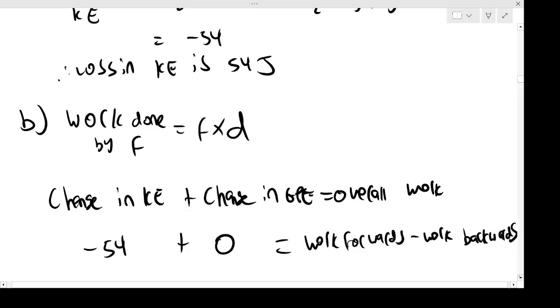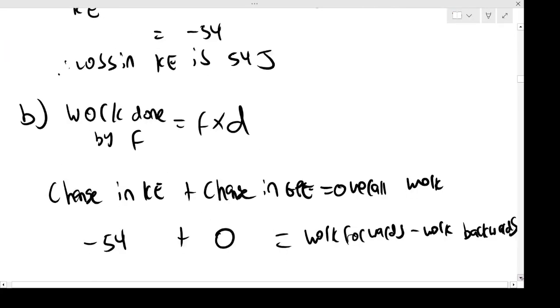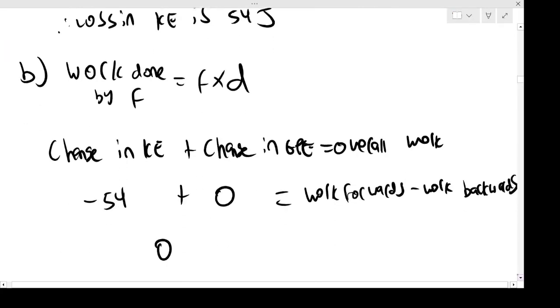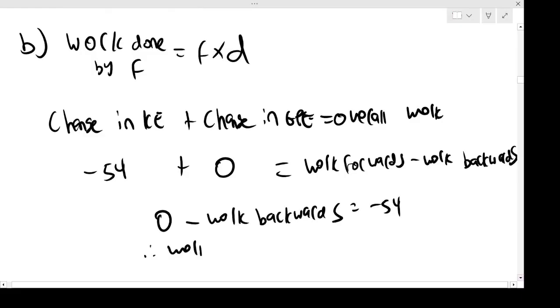Now of course there is no forwards force, so that's going to be 0, and then minus the work backwards, that's going to equal minus 54, right? But then very simply we can get the work backwards is just 54 joules. The negatives cancel.